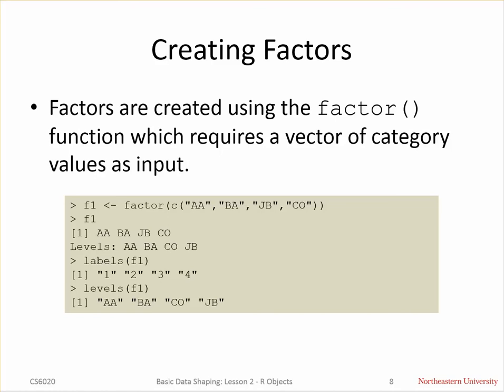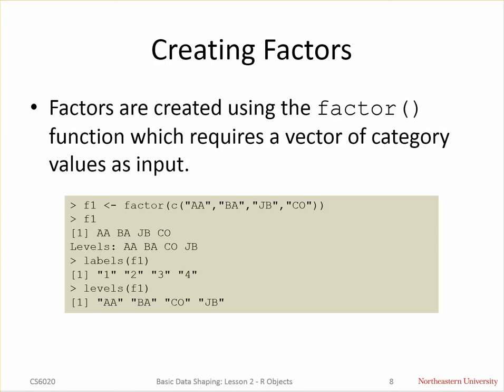Factors are created using the factor function, which requires a vector of category values as input. So here's an example. We have the category vector AA, BA, JB, and CO. Let's say we've got a bunch of airlines. Then we use the factor function to make that into a factor.